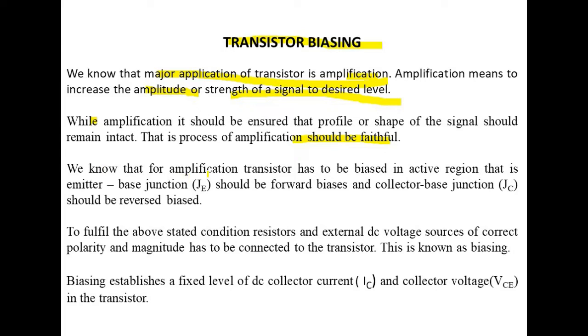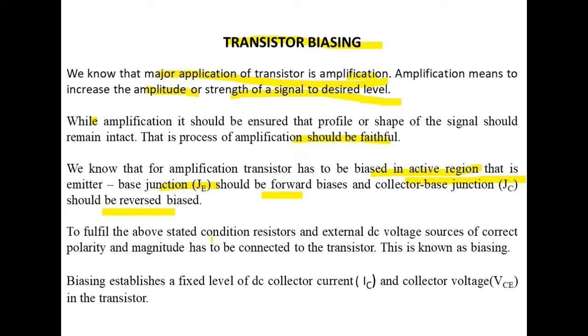We know that for amplification, the transistor has to be biased in the active region. That is, the emitter base junction JE should be forward biased and the collector base junction JC should be reverse biased.